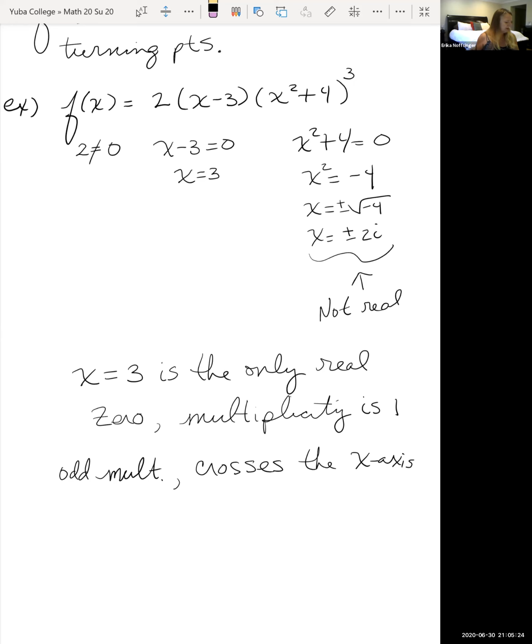So determine the maximum number of turning points on the graph. Well, before we do that, we need to figure out what our leading term of f of x is, because looking at that can tell us what the degree is.